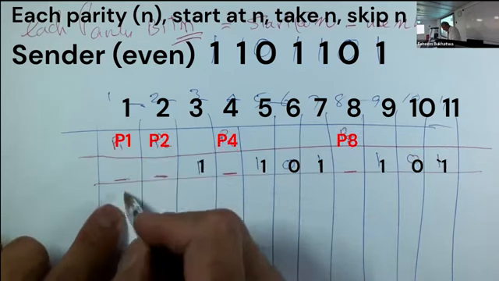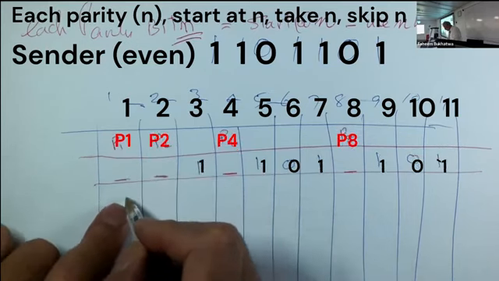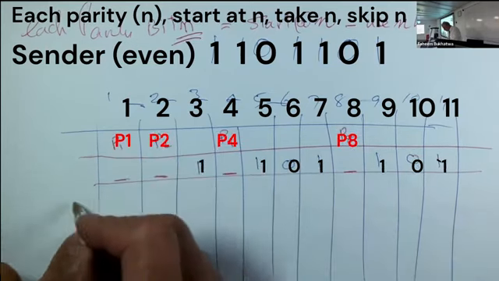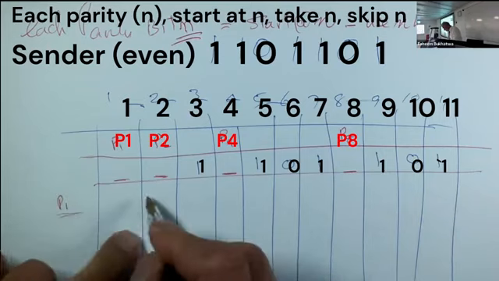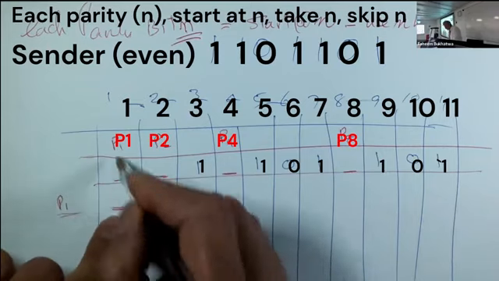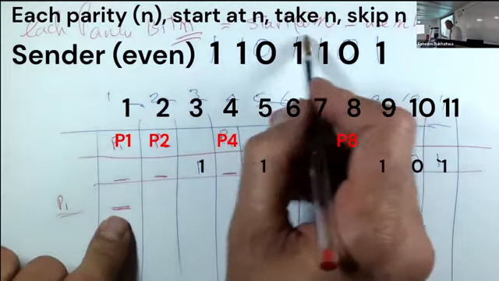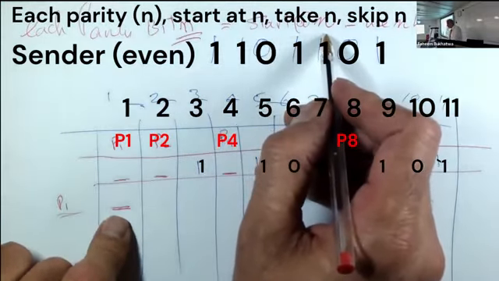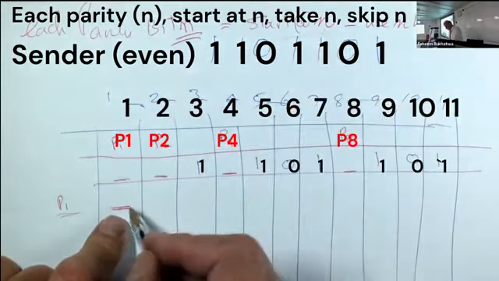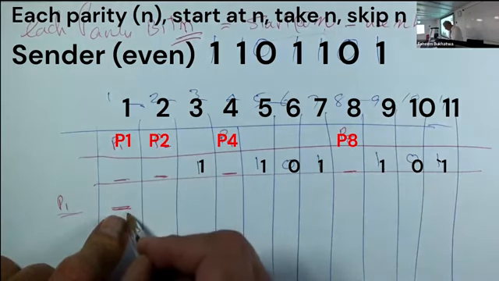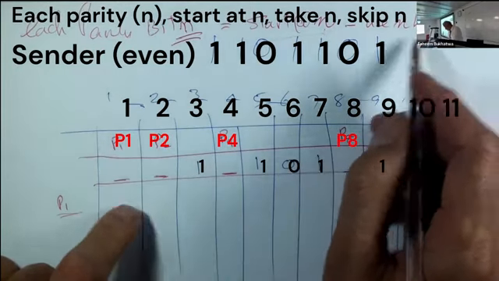Right, so the group that goes with parity 1, I'm just going to list now. Because it's parity 1, it says start with your n. So now we're starting with parity number 1. That means we're going to start with this one and use it.